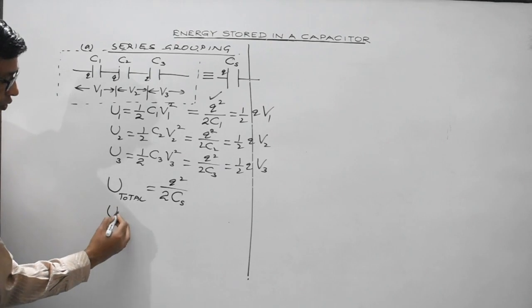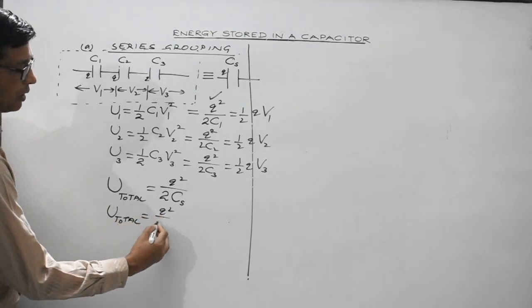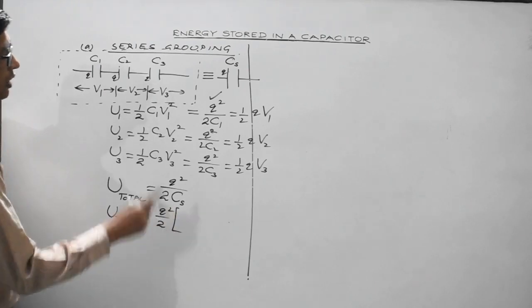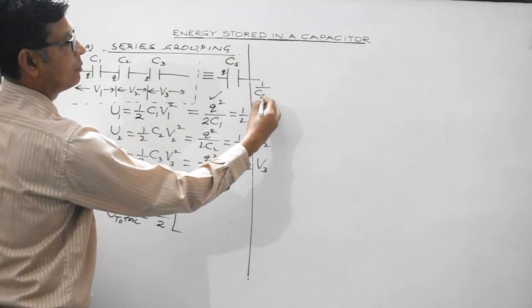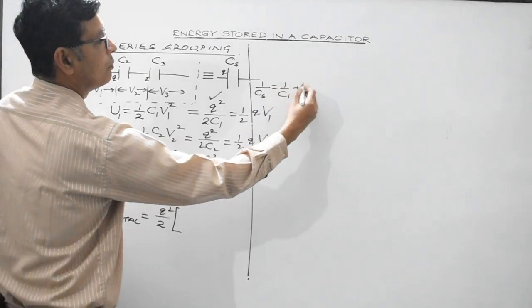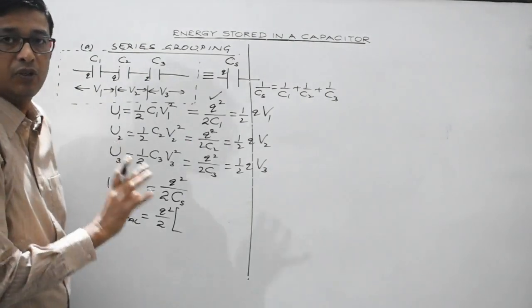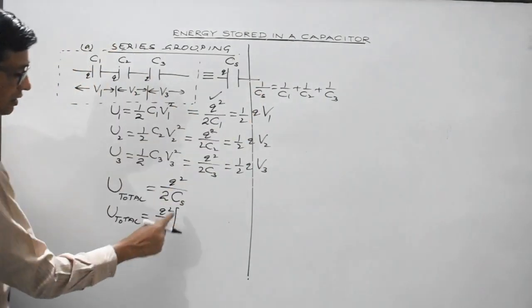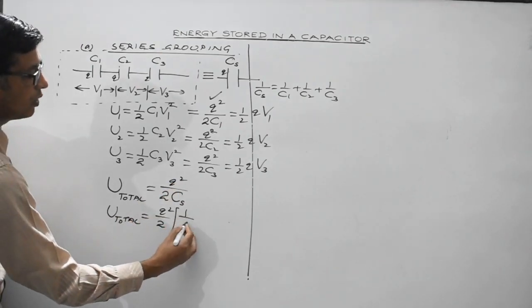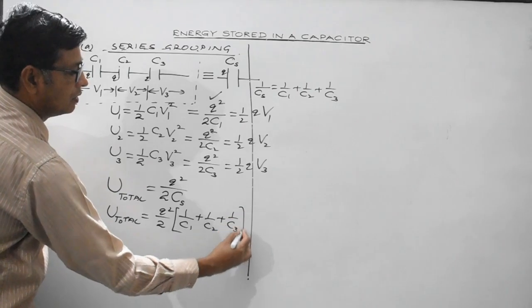So what we can do is Q square by 2. We are aware that in the series grouping, this CS is given by 1 by C1 plus 1 by C2 plus 1 by C3. This is the formula for the resultant capacitance in the series grouping. So 1 by CS over here can be replaced by 1 by C1 plus 1 by C2 plus 1 by C3.